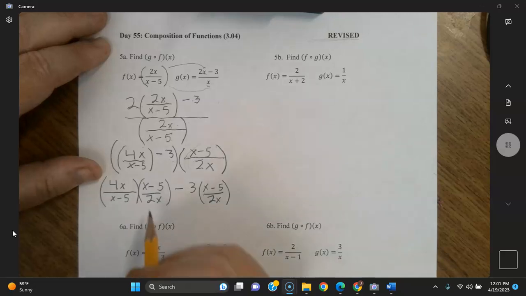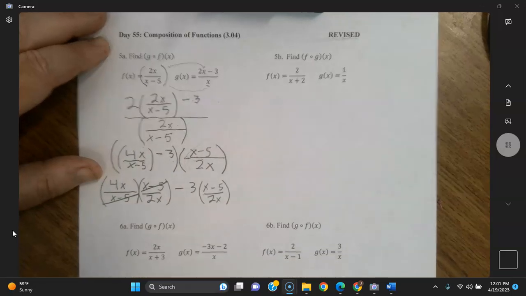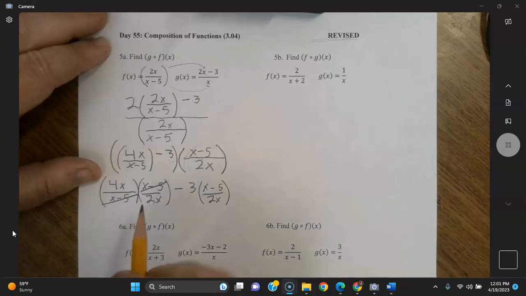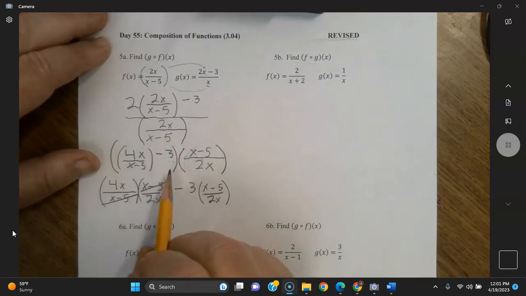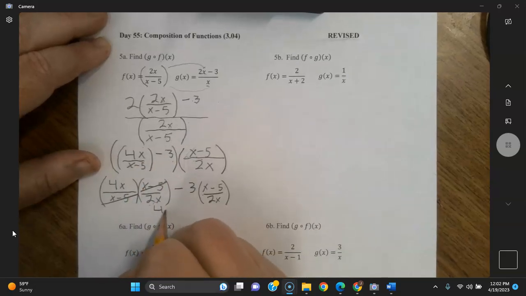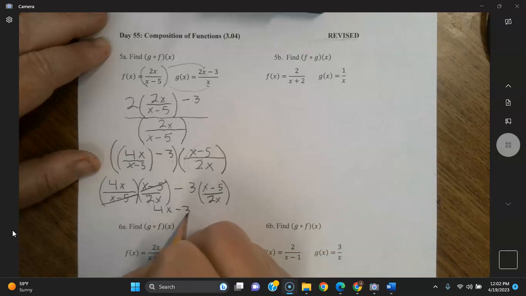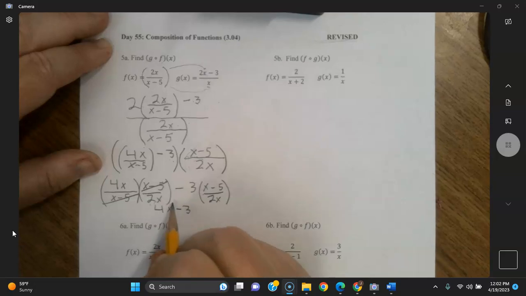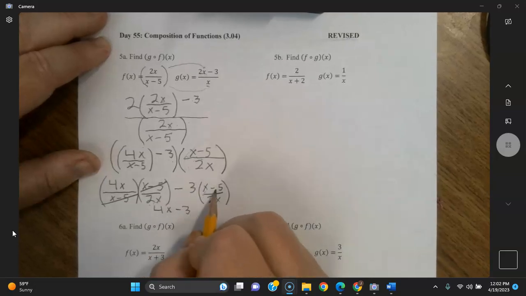So now I can cancel this and this, and now all I have on the bottom are 2x's, so I have a common denominator. All right, so I'm going to kind of squeeze this in here. So now I have 4x, and then minus 3 times x minus 5.